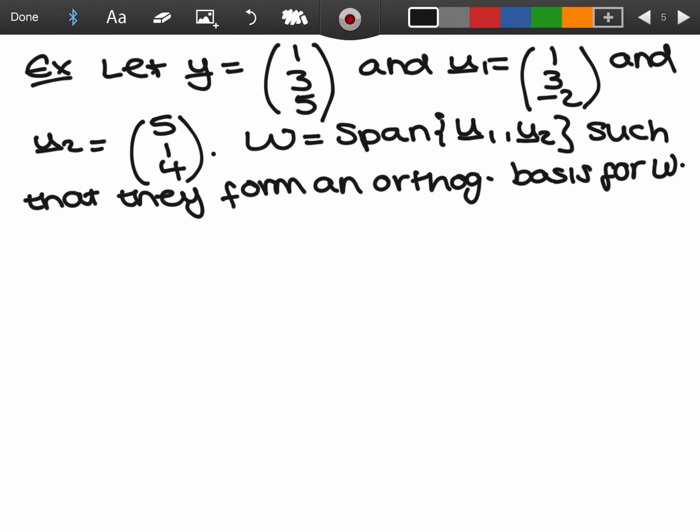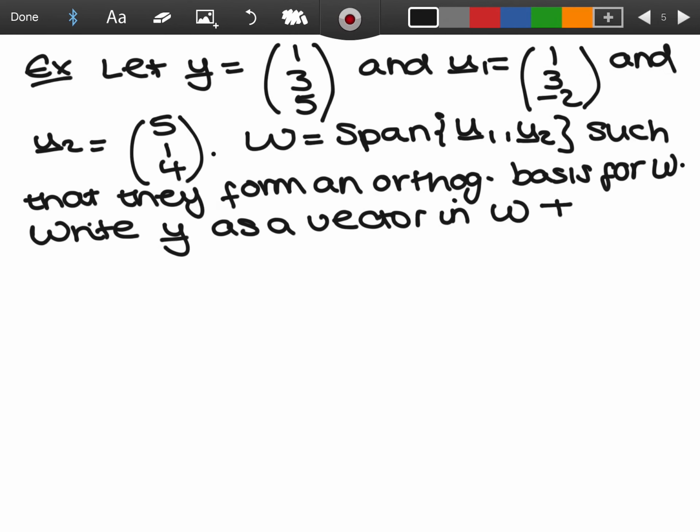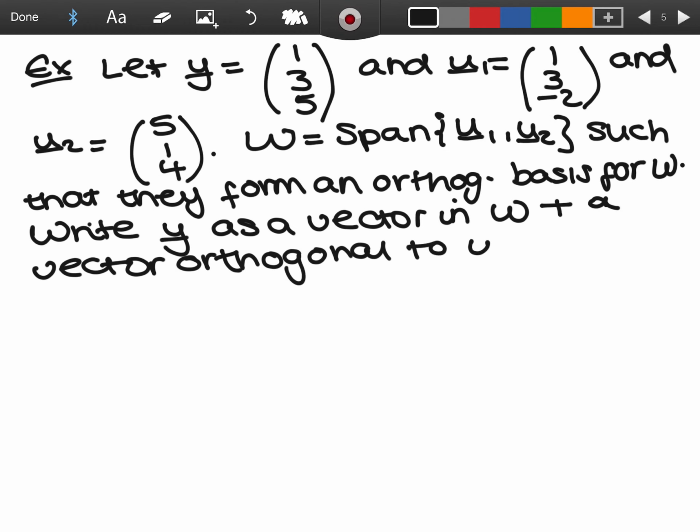And they span this subspace of R3, we call it W. Now we want to write y as the sum of a vector in W and a vector that is orthogonal to W. So basically we want to write y as this y hat vector that lies in W and z that lies in W perp.